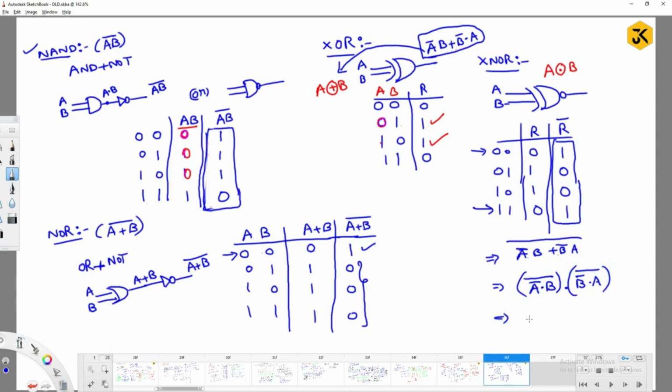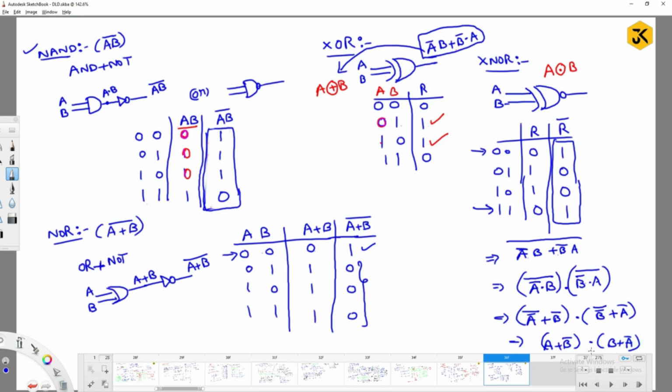So A bar whole bar plus B bar into X Y whole bar, X bar plus Y bar, B bar whole bar, right? Which is like A plus B bar dot B plus A bar.